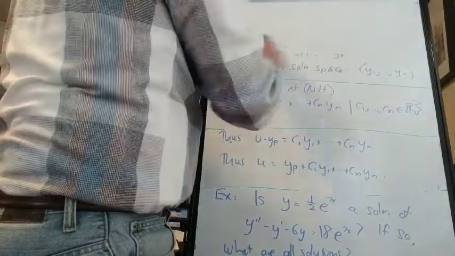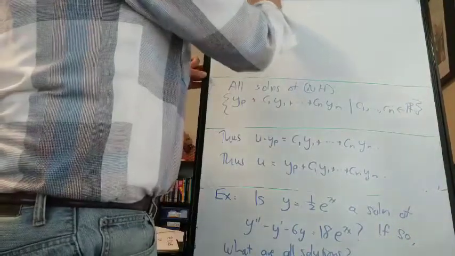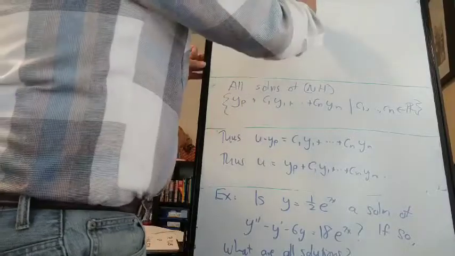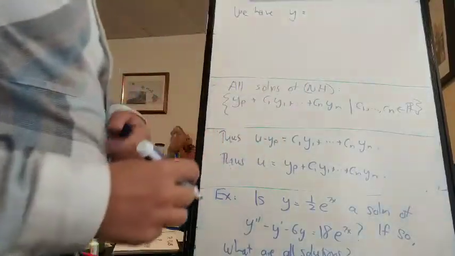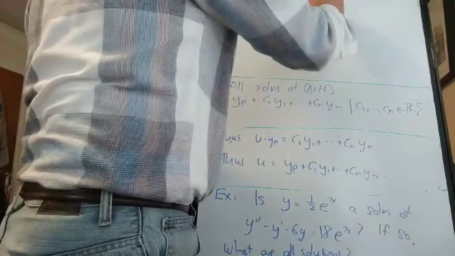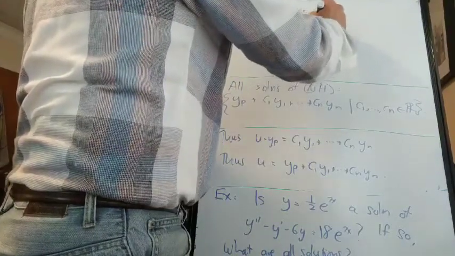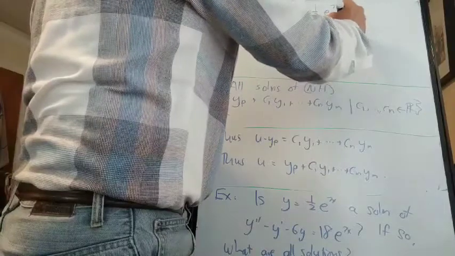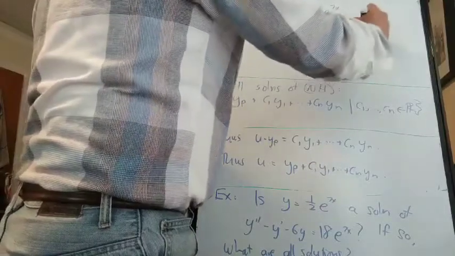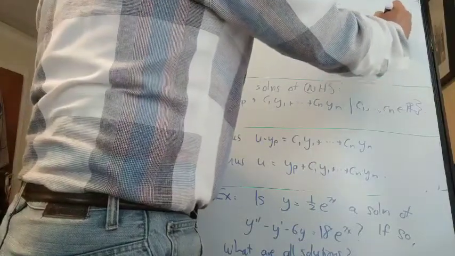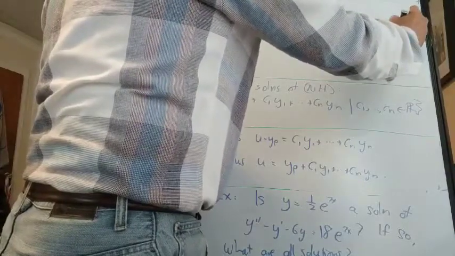All right, checking to see that it's a solution is pretty easy. So the solution is 1/2 e to the 7x. So y prime is 7/2 e to the 7x, and y double prime equals 49/2 e to the 7x.